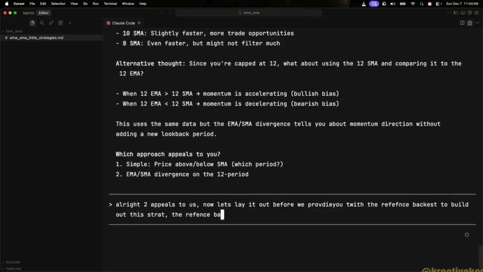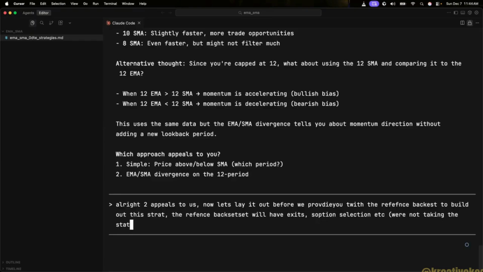The reference backtest will have exits, option selection, etc. We're not taking the strategy, rather the other items to build ours out. But let's finish here.